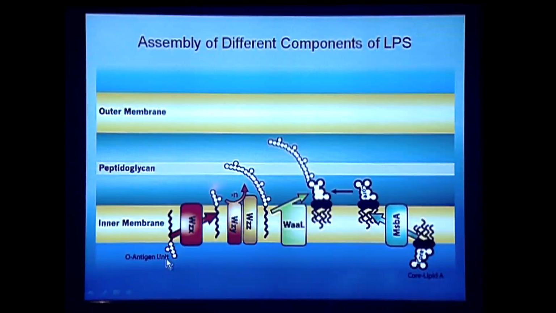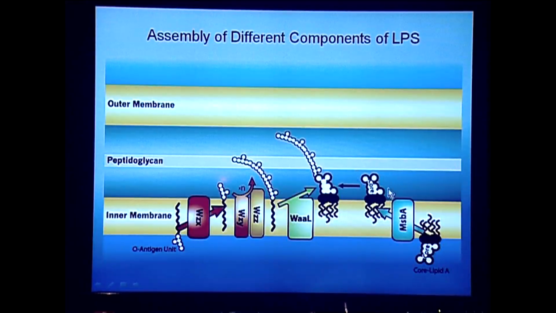You can see in this particular figure the O-antigen unit is actually being synthesized by the WZX, WZY and the WZZ molecule, which is placing it just inside the peptidoglycan layer. By this time as it is being synthesized, the long residue of this particular O-antigen unit increases, and this O-antigen needs some core lipid A, and this core of lipid A will be synthesized by the MSBA.